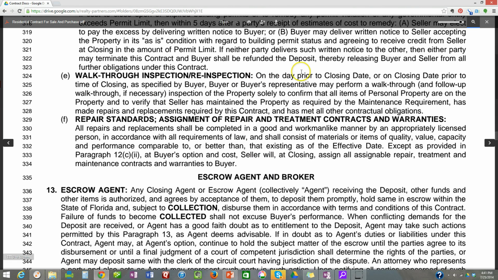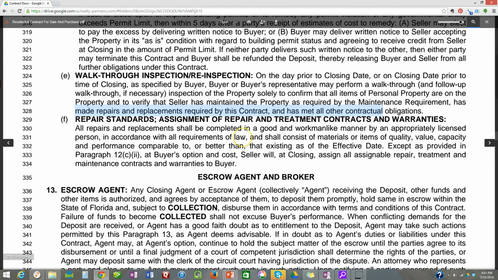Walkthrough inspections, re-inspections, very important. The walkthrough inspection is solely to confirm that all items of personal property are on the property and to verify that seller has maintained the property as required, so it's in the same condition, they continue to cut the lawn and so forth, and that they made repairs and replacements required by this contract.